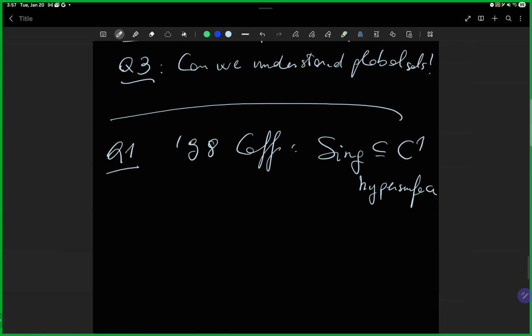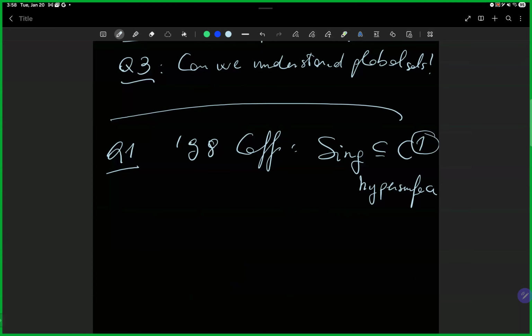Now I will not discuss the techniques that are behind this. They require many tools. But of course, Luis, back in '98, could not say whether C^1 was optimal. So with time, we tried to understand how optimal this C^1 regularity is. For regular points, we have analyticity.